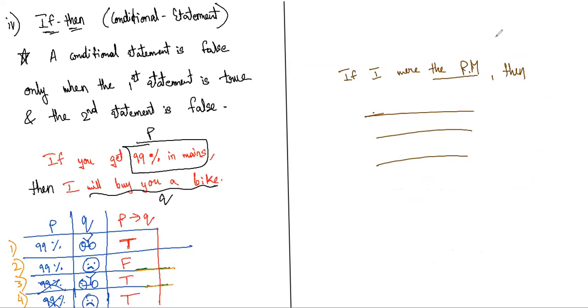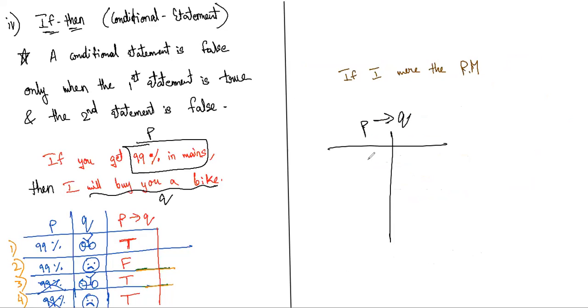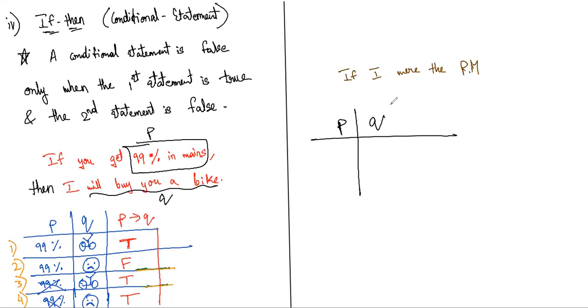So the point is, in P implies Q, if statement P is false. Now let us come to the truth value, that will make things much better to understand. Truth table कैसे होगा? True true true, true false false, false true true, false false true.